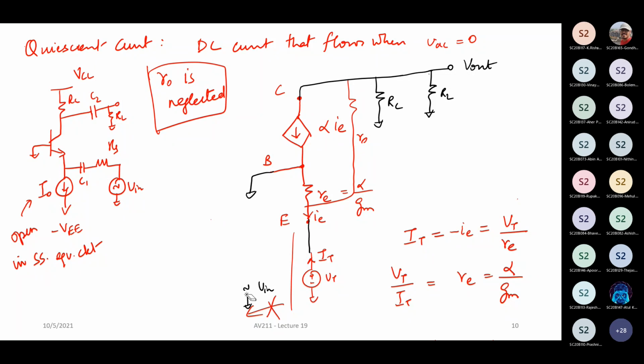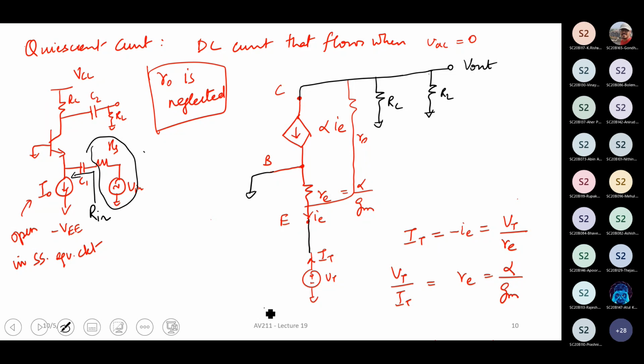So the thing is, this is the actual amplifier. When you say I want to find out my Rin, you're looking at this part, looking from the emitter. That's why we remove the RS. This whole thing together is the source. Okay. Yes, sir. All right.